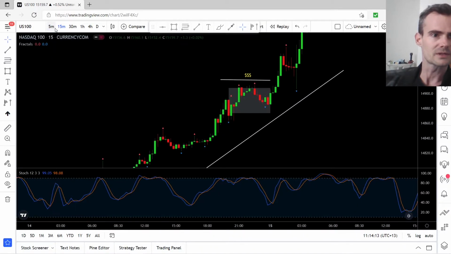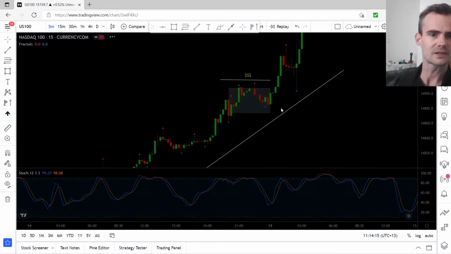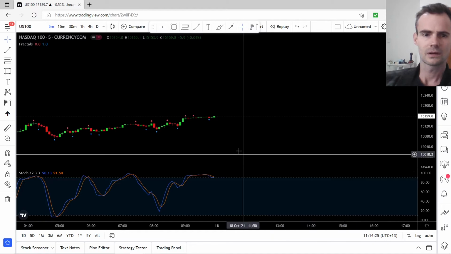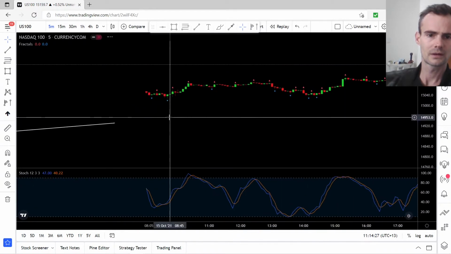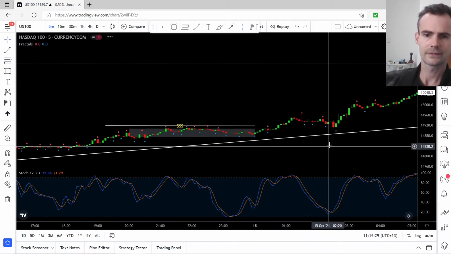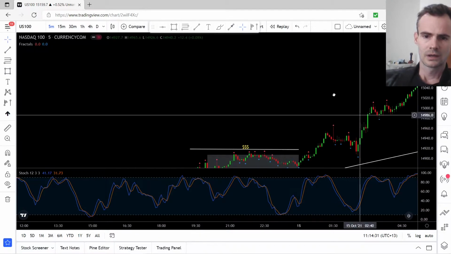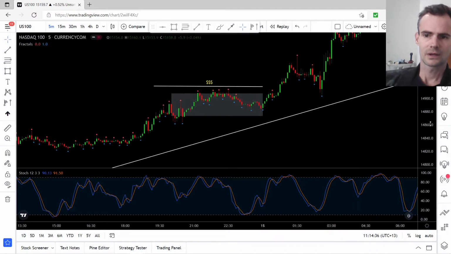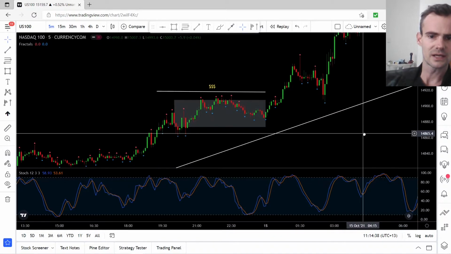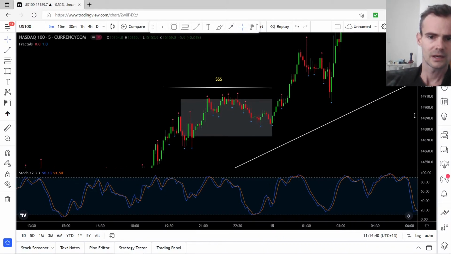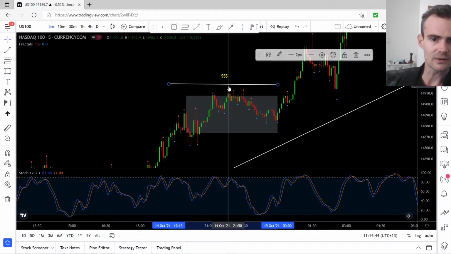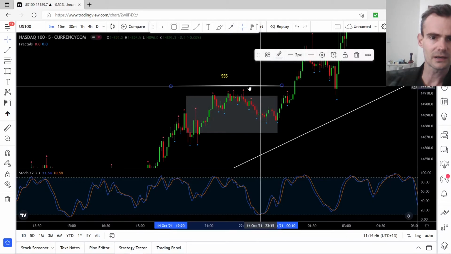So let me just drop down to the 5 minute time frame. Okay, so I've dropped down to the 5 minute time frame. Now what I was looking for here was, I marked out my liquidity and all that, as I said before, above here.